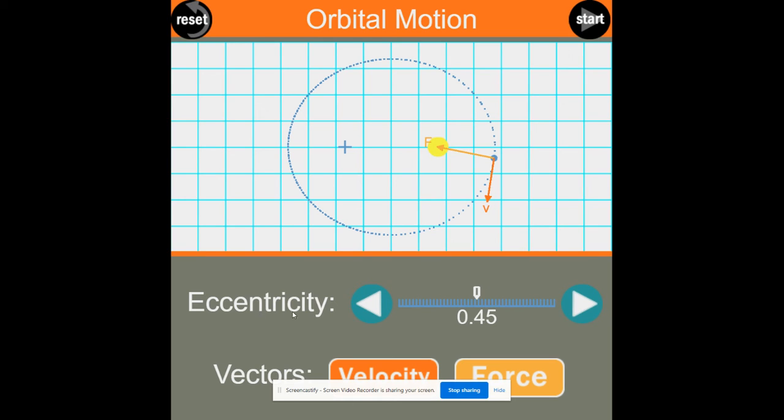Now, the word eccentricity just refers to how far away it is from being a circle. So if I move this way over, it turns out that comets have super eccentric orbits. But I'm going to go ahead and start this. You're going to see it change a little bit here. Now watch what happens.